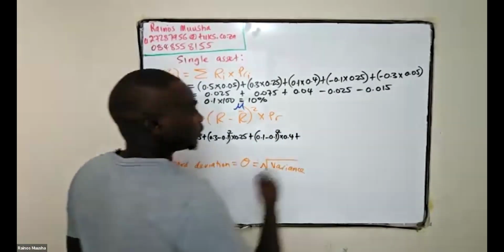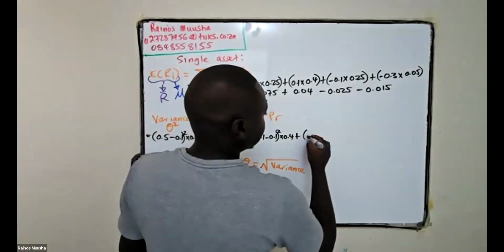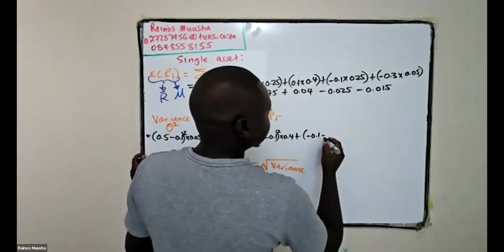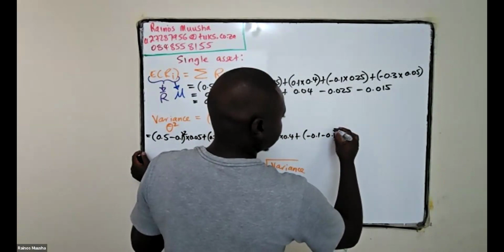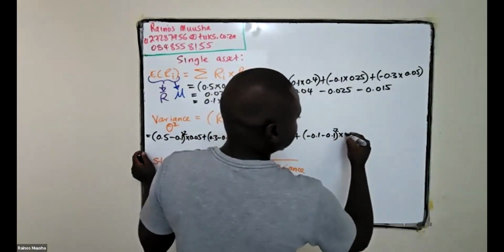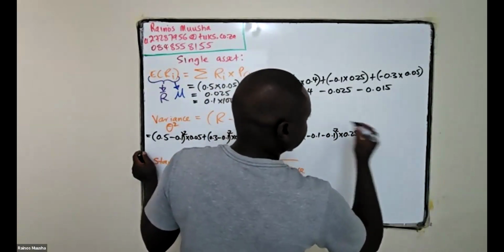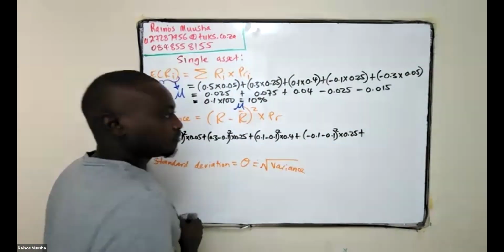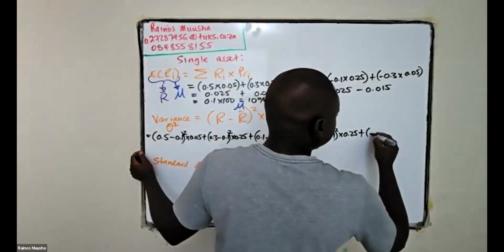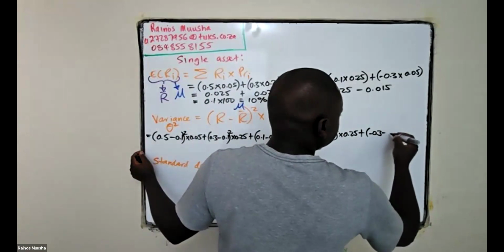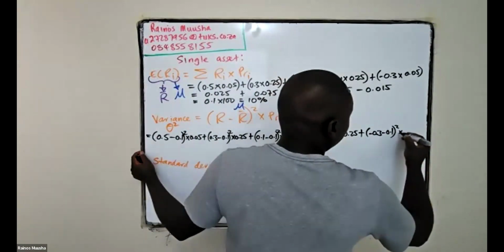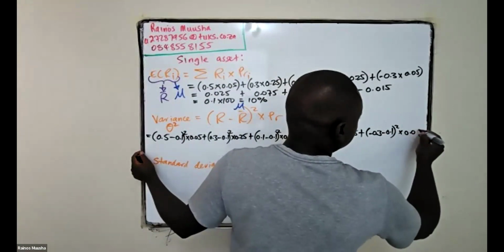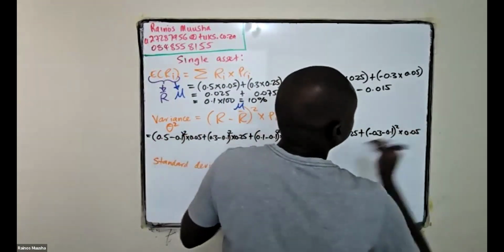For the next scenario, your observed return is minus 0.1 minus your expected return of 0.1 squared multiplied by the probability of 0.25 plus. For the next scenario, your observed return is minus 0.3 minus the expected return of 0.1 squared multiplied by the probability of 0.05.